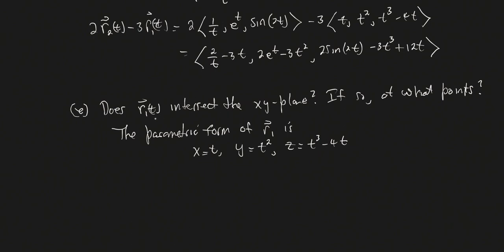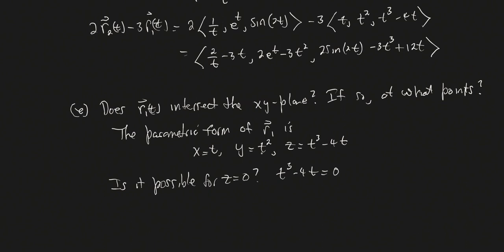So to answer the first question, we have to ask ourselves, is it possible for the z component of our vector function R1 to be equal to 0? Well, one way to figure that out is to take our expression for z, set it equal to 0, and solve.